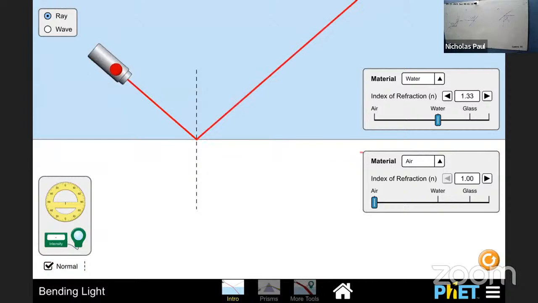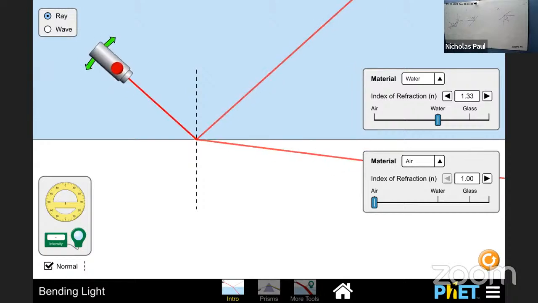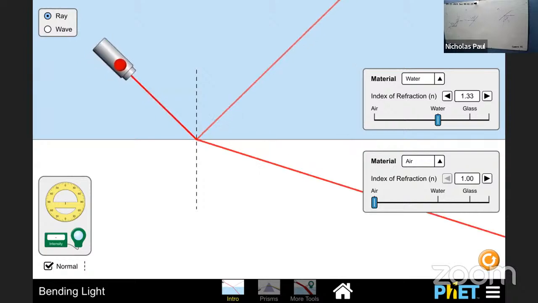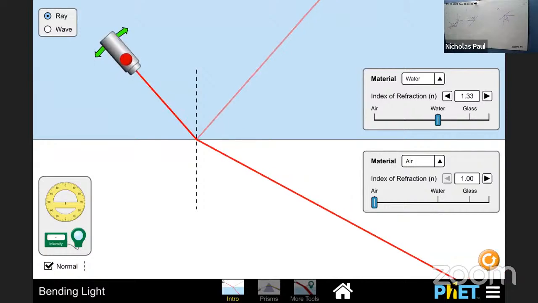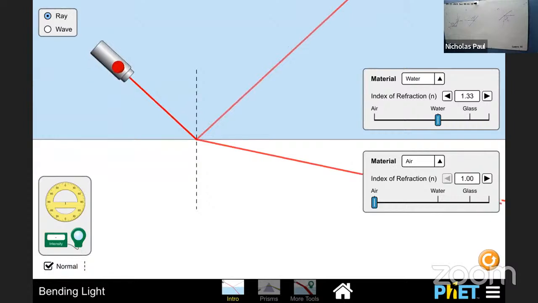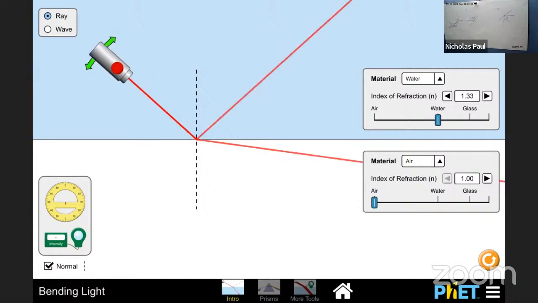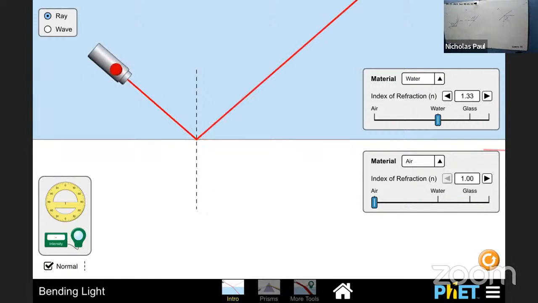See this here? You will notice that the refracted ray underneath begins to disappear. Focus on the ray underneath, and see the ray on top light up. As soon as the refracted ray hits 90 degrees, look at the ray on top in the blue, in the water. It gets darker and darker until all of a sudden the ray disappears.